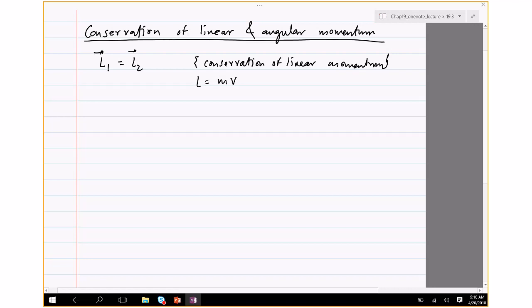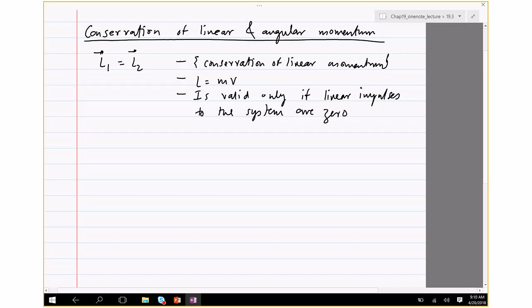The most important thing is that this is valid only if the linear impulses to the system are zero. In other words, if there's no external impulse to the system, then you can say L1 equals L2.